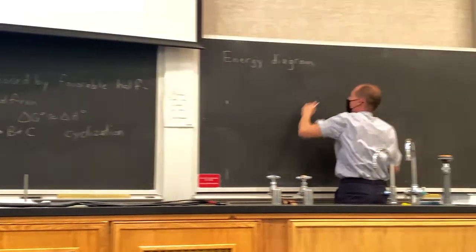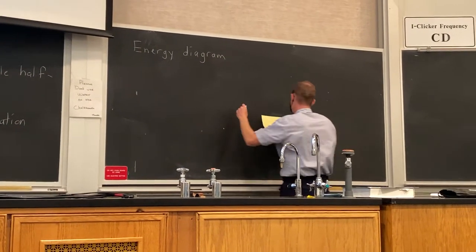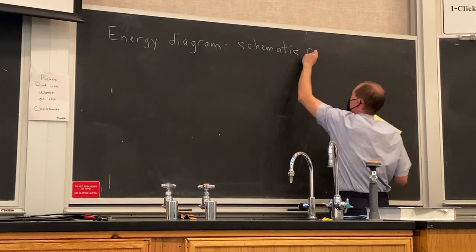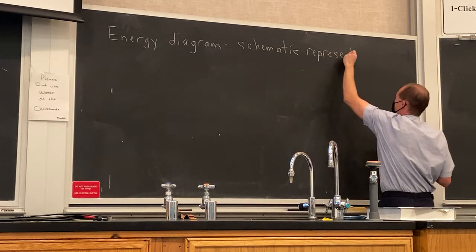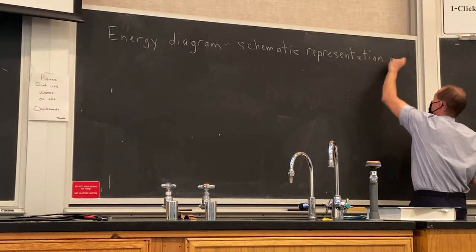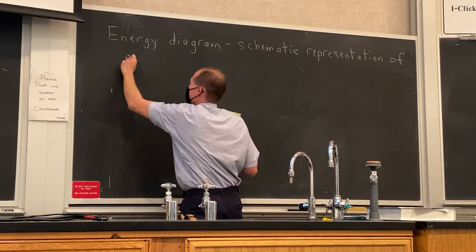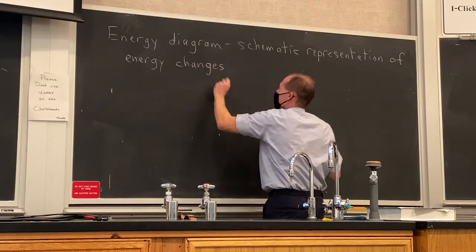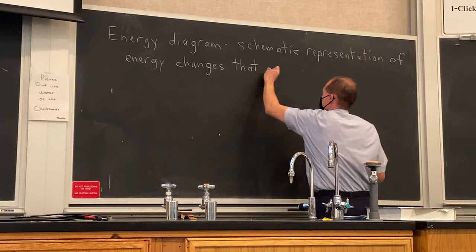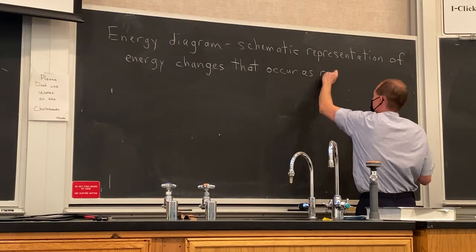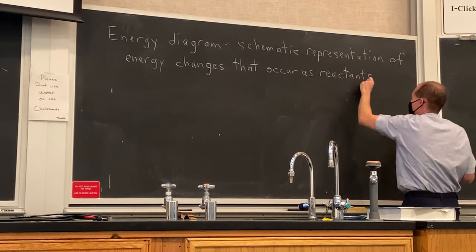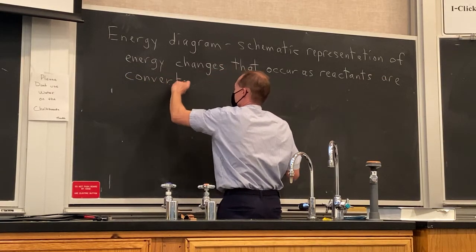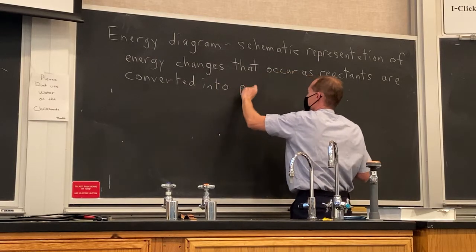An energy diagram is a graph, and we'll refer to it as a schematic representation of the changes in energy that occur as reactants are converted into products.